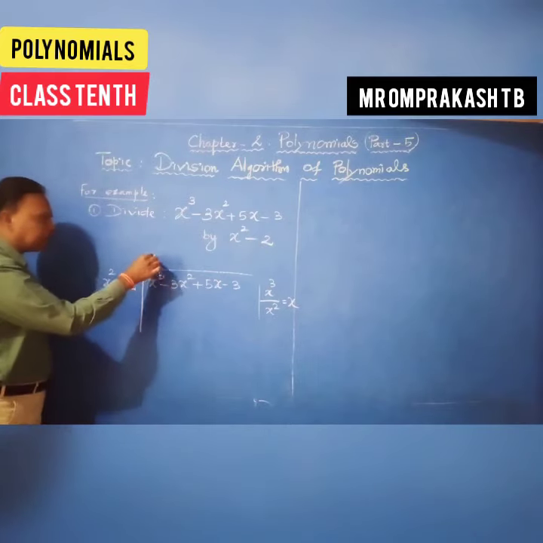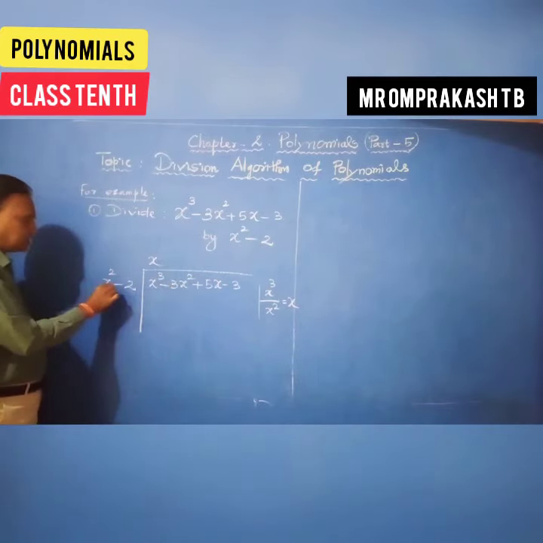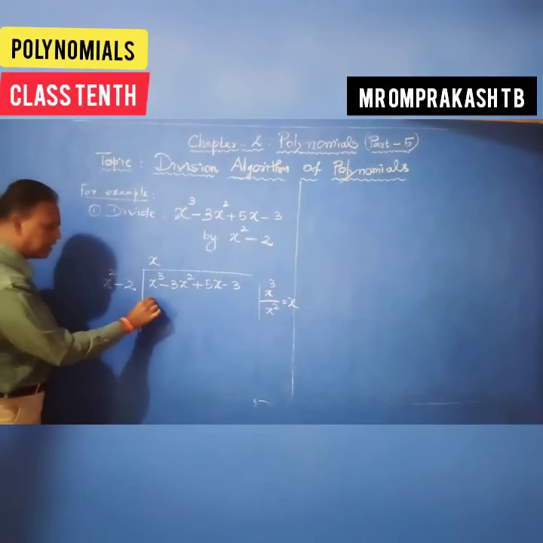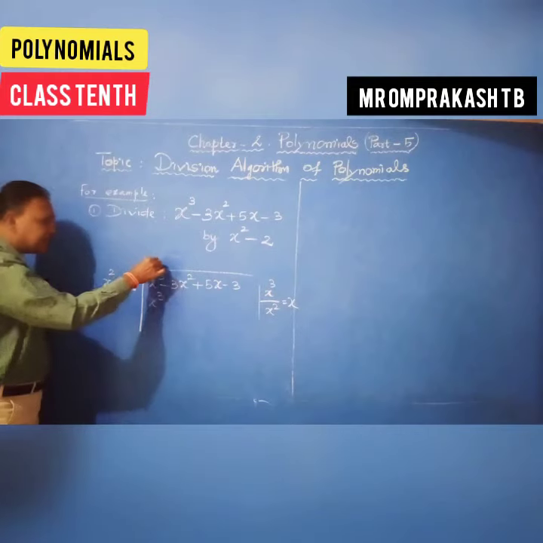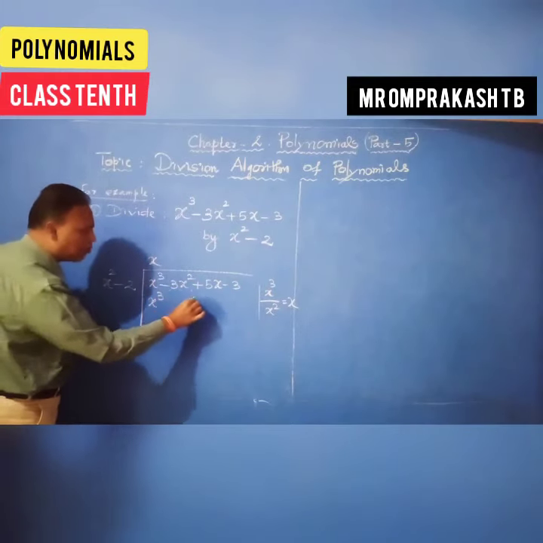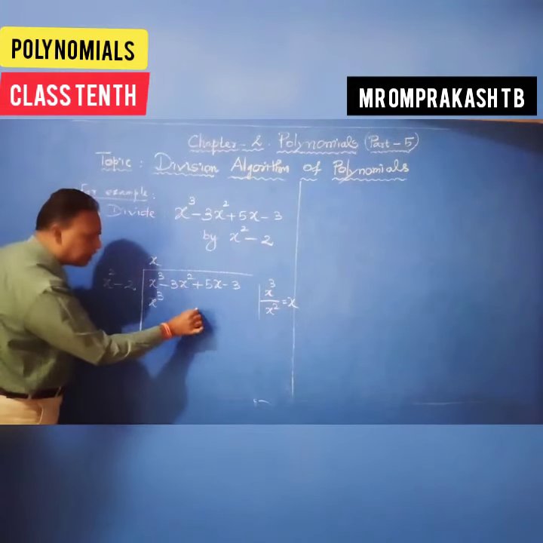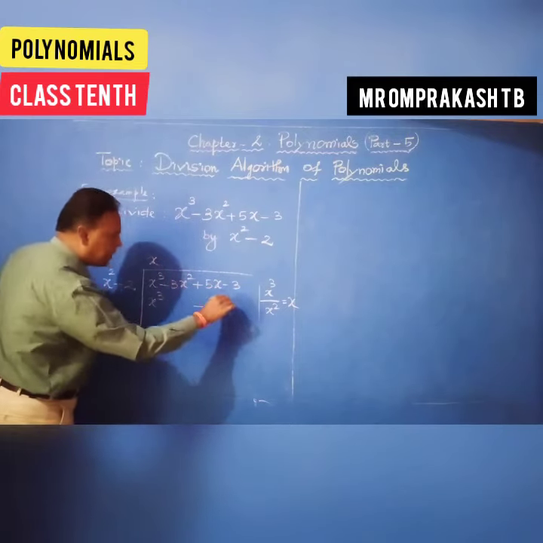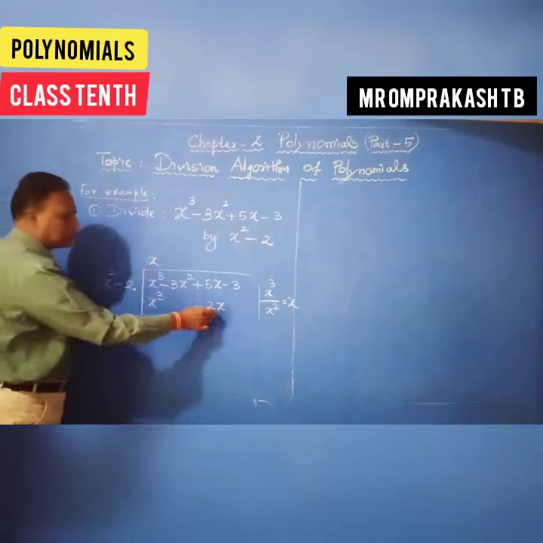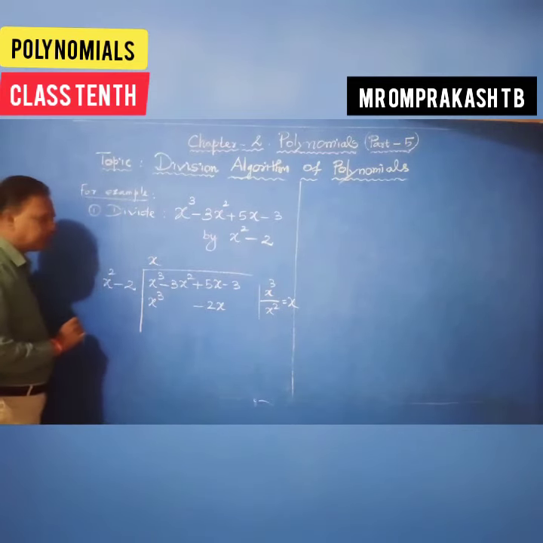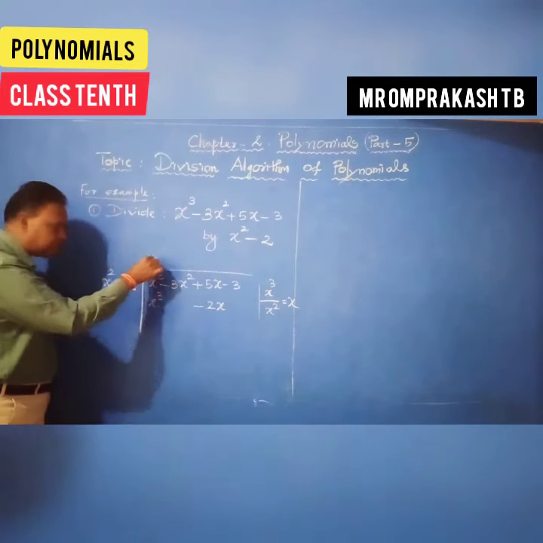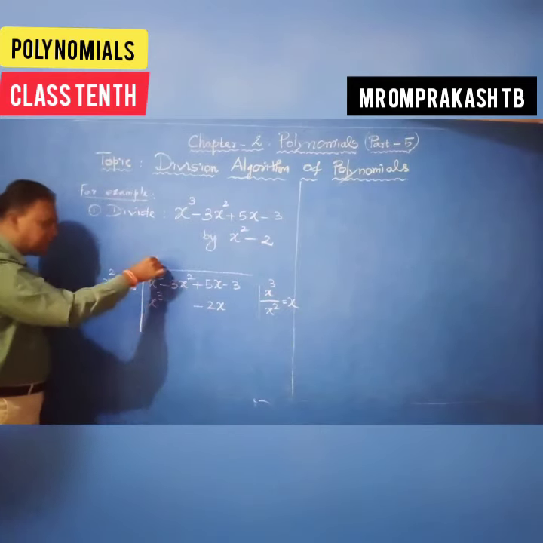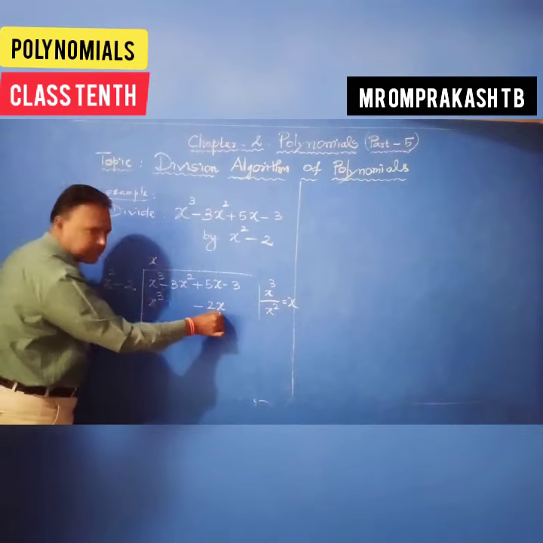Now you multiply this factor with this polynomial. x into x squared, x cube; x into minus 2, minus 2x. For our convenience, write the corresponding x term here.